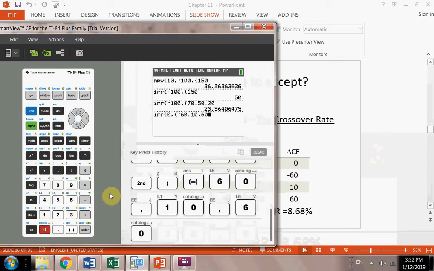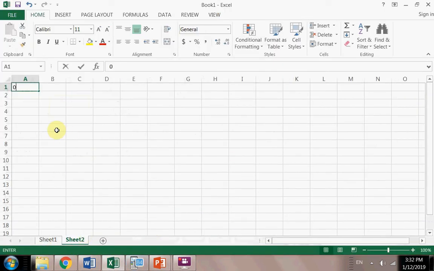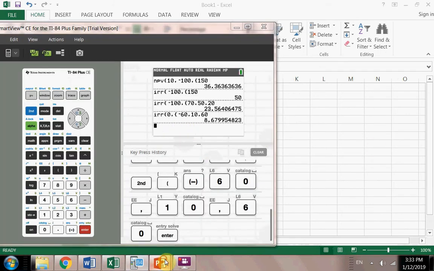Hit enter. So 8.68%. Or if you use Excel to do the job, that's also pretty simple. You have 0, negative 60, 10, 60. Use IRR to do the job. So this is 8.68%. All right.